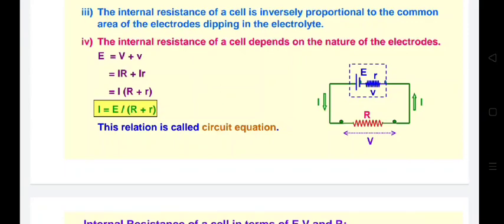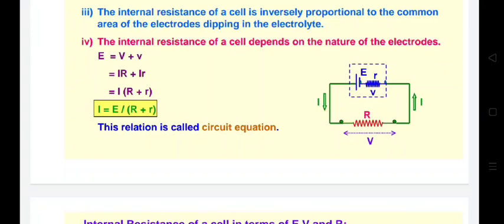You can see in the circuit diagram there is a resistance R, capital R, then a cell whose EMF is E, and its internal resistance is represented by small r. Okay, so this is connected.